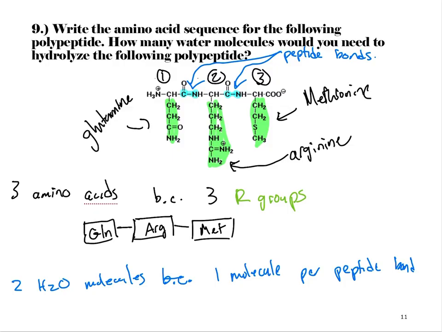When we're making an amide or breaking apart an amide, what are the 2 sides of the molecule in an amide? Carboxylic acid and the amine side, right? So we add the OH to the carboxylic acid part, so the carbonyl, and then we add the H to the amine side.